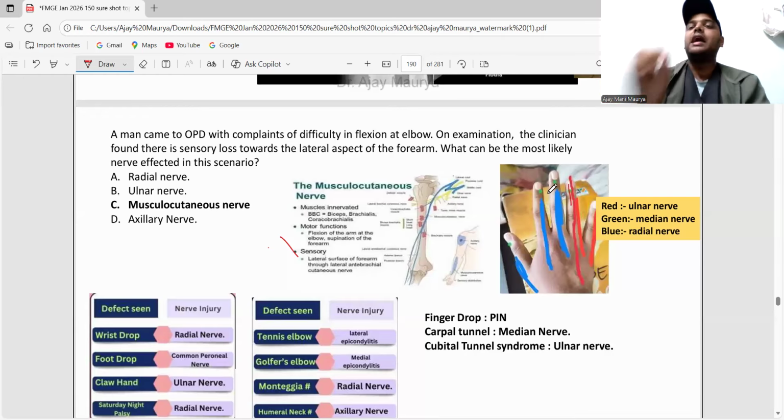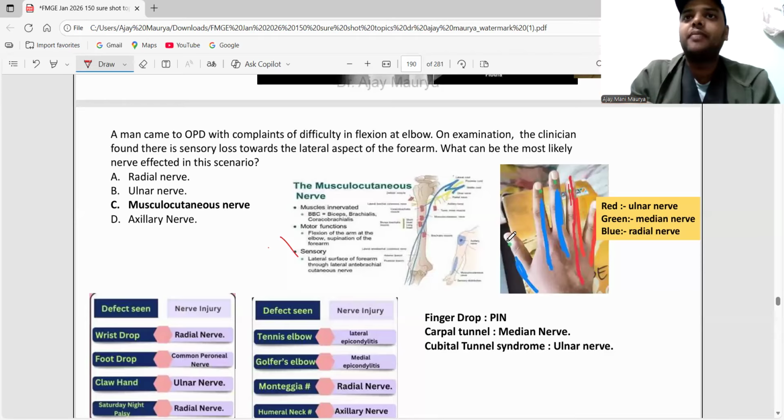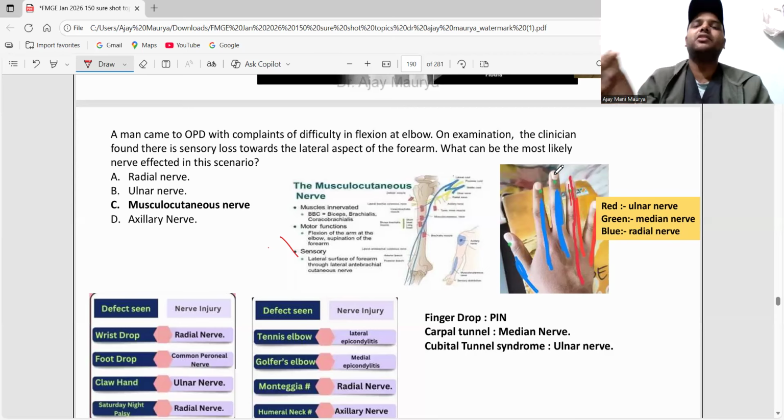Only the tip here, which I marked as the green part, is supplied by the median nerve. This will also be asked as clinical scenario MCQs.